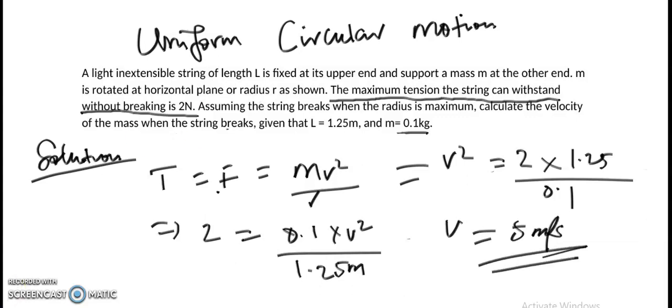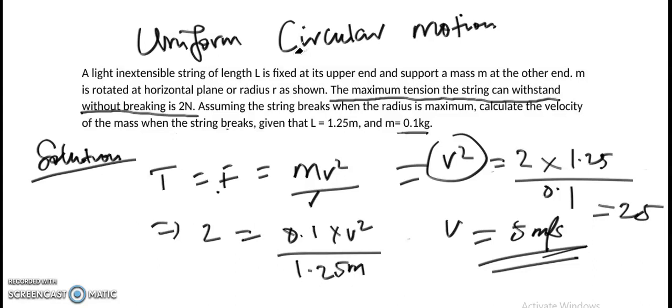Pause the video and try doing it yourself. Of course, we know that 2 multiplied by 1.25 divided by 0.1 will simply give us 25, but we have v squared.